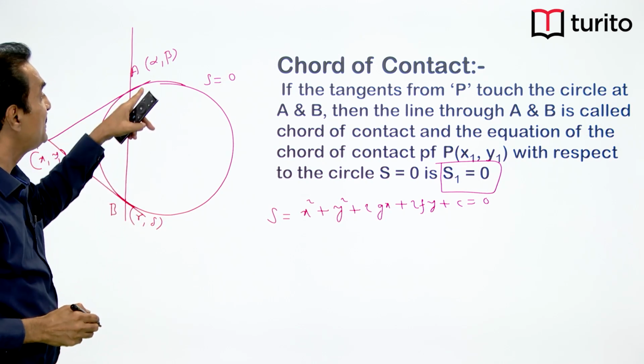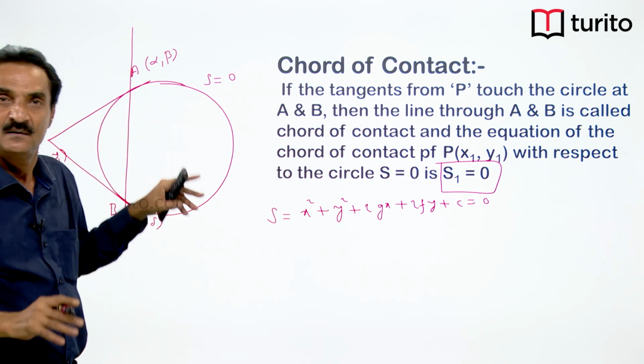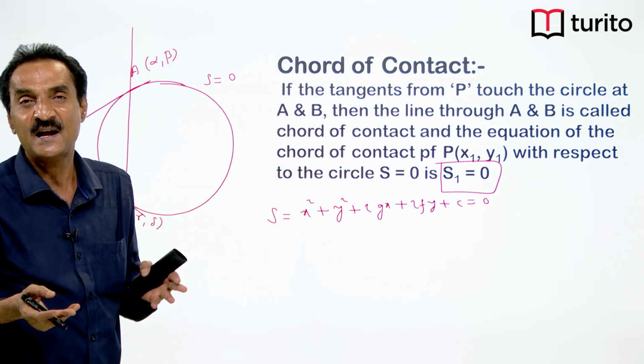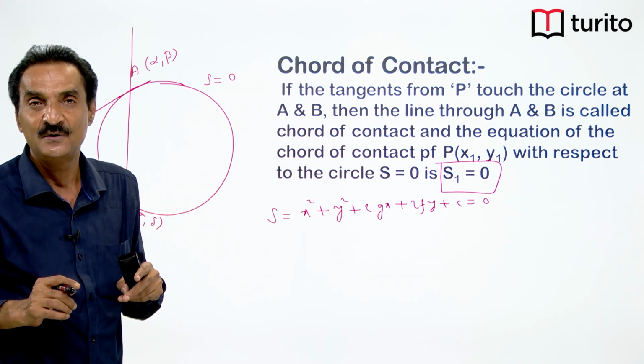I will write the equation of the tangent at A. Already we have proved the equation of the tangent to a circle is S1 equal to 0.